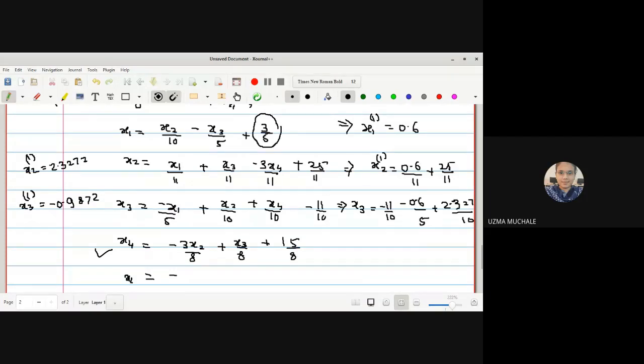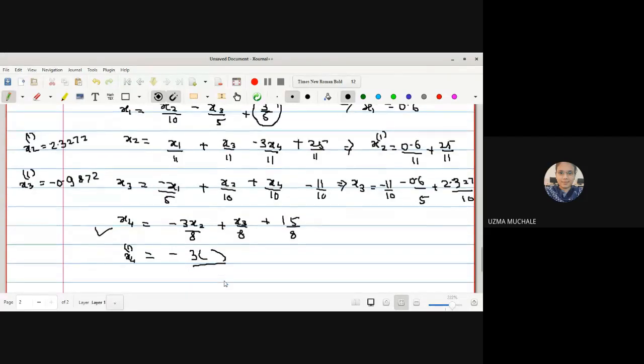Now x41 will be equal to minus 3, value of x2 we have to write here, divided by 8 plus value of x3, minus 0.9870, divided by 8 plus 15 by 8.